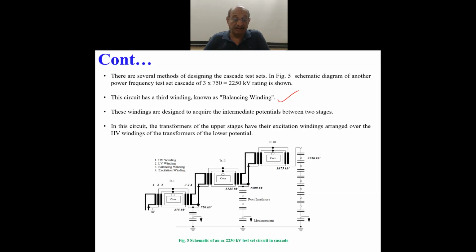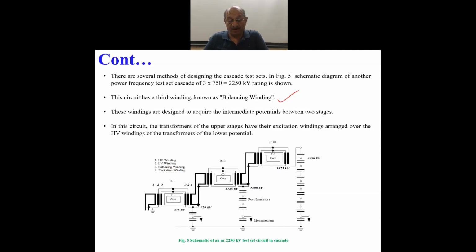And in the circuit, the transformers of the upper stages have their excitation winding arranged over the high voltage windings of the transformer of the lower potential. I mean, all the windings are around the core, and over one another other windings are placed.